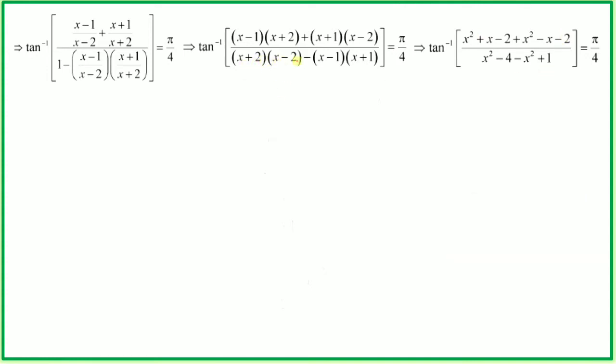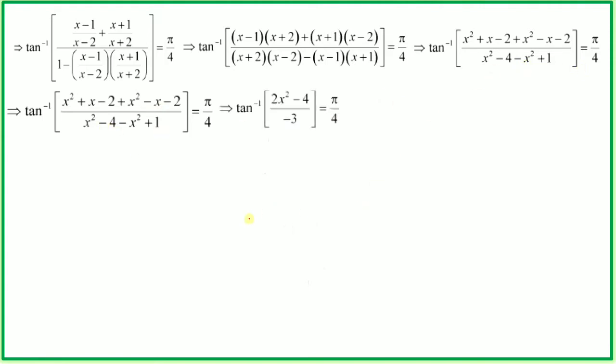A plus b into a minus b, x square minus 4 minus x square plus 1, and the numerator is x square plus x minus 2 plus x square minus x minus 2, is equal to pi by 4. Now x square minus 4 minus x square plus 1 is the same thing we have written here.